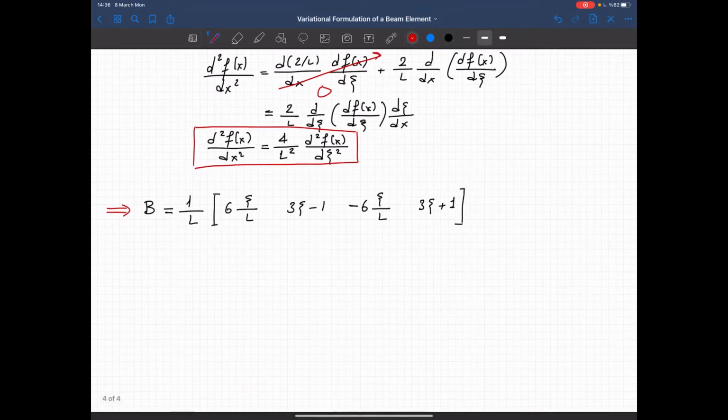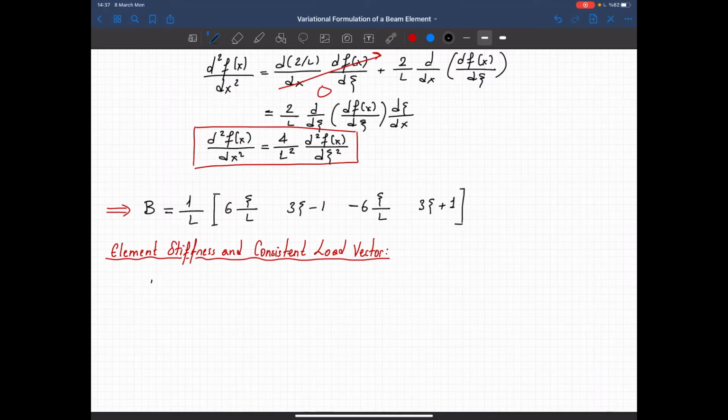Now the next step is to obtain the element stiffness matrix and consistent load vector. So let's first write the expression for the element internal strain energy.